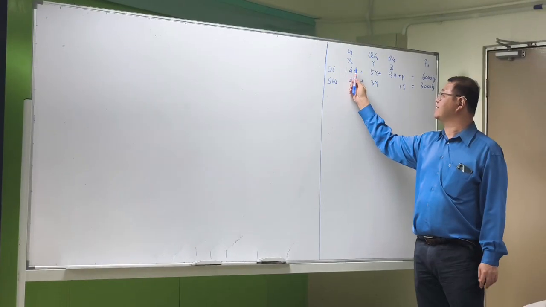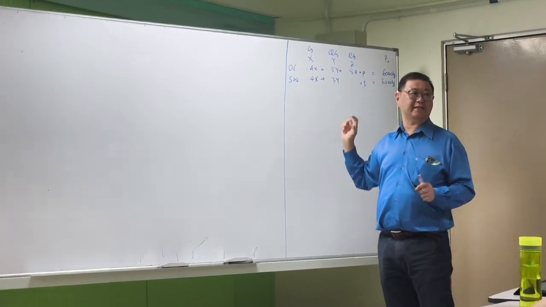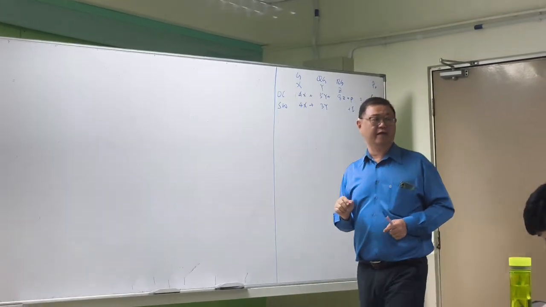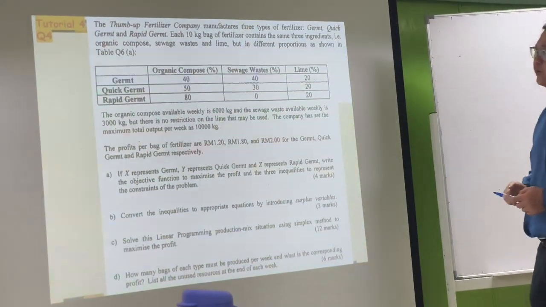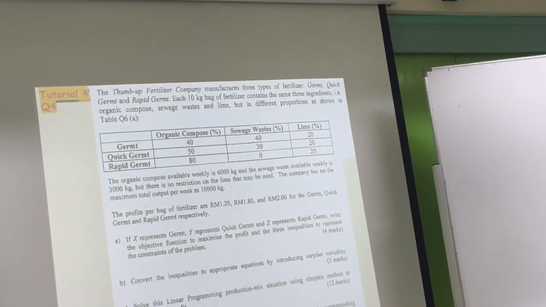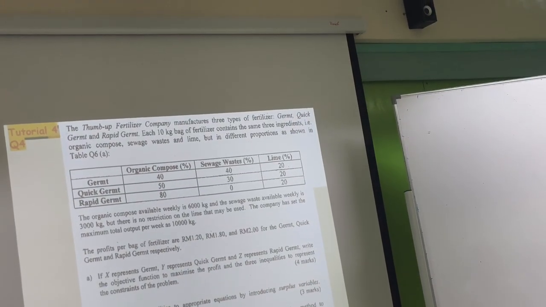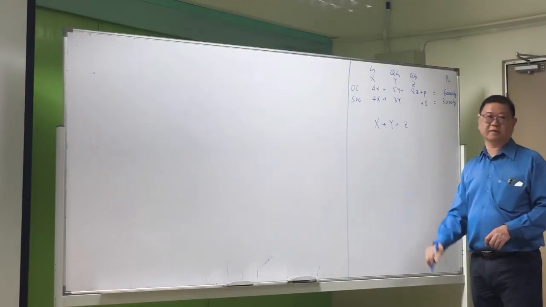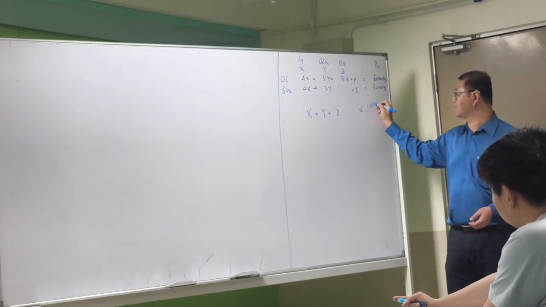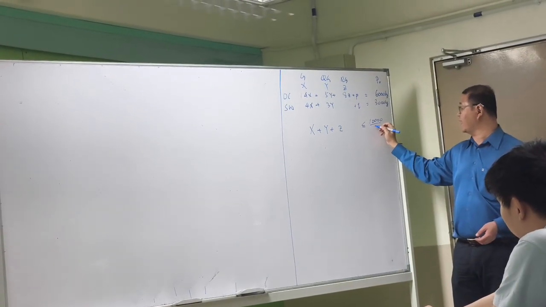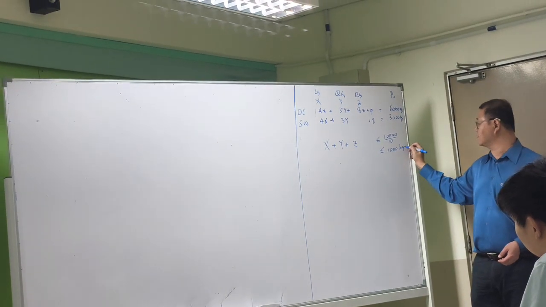So you want to find the total in bags. The unit for X, Y, Z is bags. The total output must be less than 10,000 kg divided by 10 kg per bag, so less than 1,000 bags.